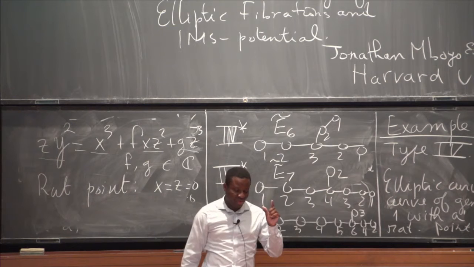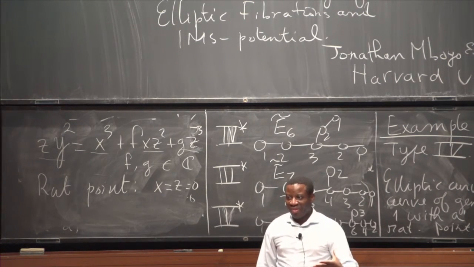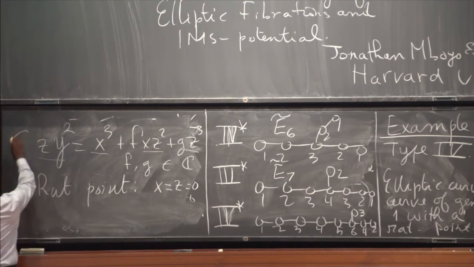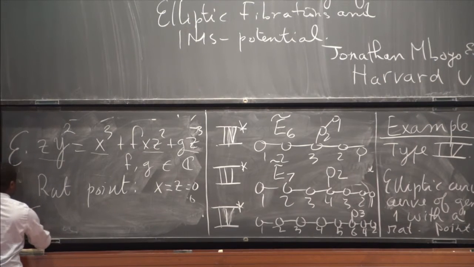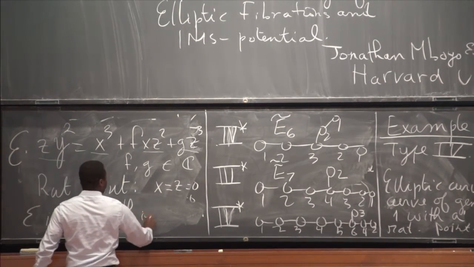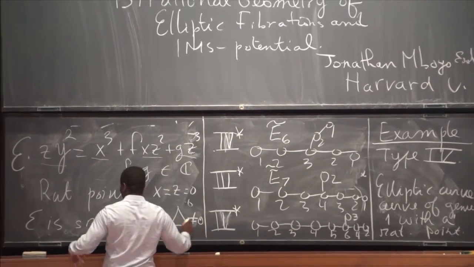Now there is a little bit of a twist. For this to actually be a smooth curve, you need to satisfy the following conditions. Let me call this curve E. E is not for my last name, it's for elliptic, just in case. So E is smooth if and only if we have a discriminant which is different from 0.